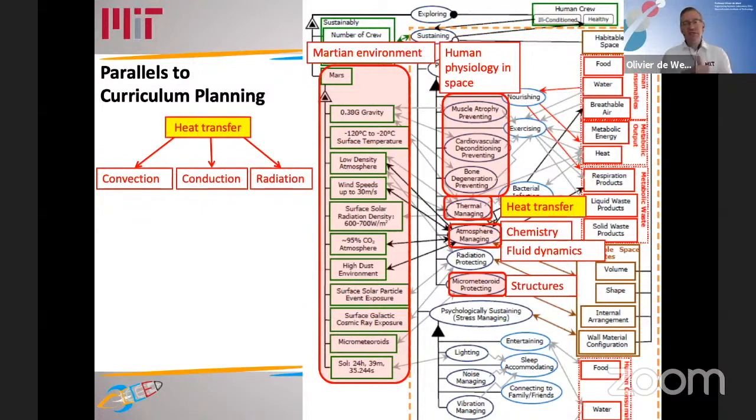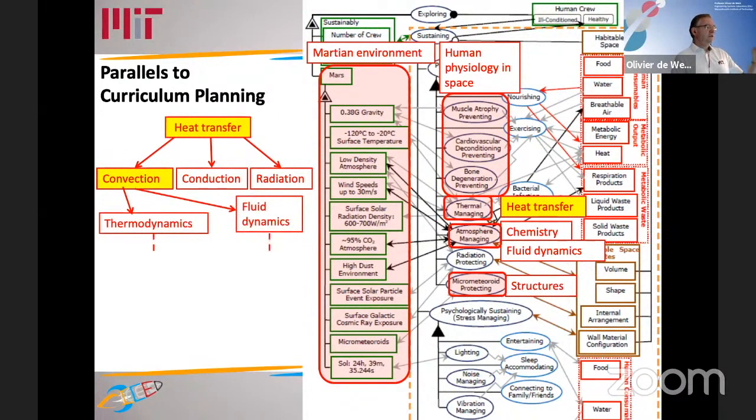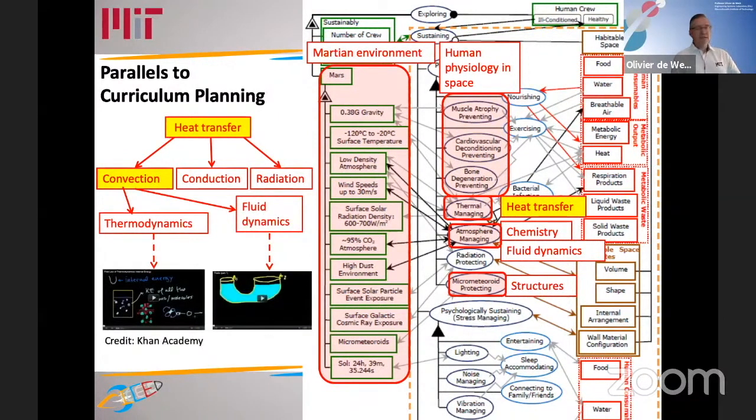You can teach heat transfer to a middle school student. You can teach heat transfer to a high school student, but you have to find the right level of detail and abstraction. So heat transfer through convection, that's when you get into thermodynamics, that's when you get into the building blocks of fluid dynamics, and that's where we can also connect to great resources like Khan Academy, for example, which is still used a lot and continues to grow.